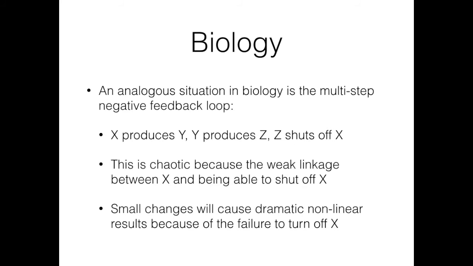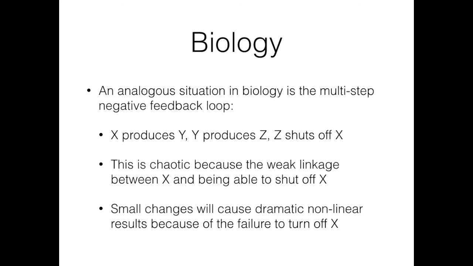If y has trouble producing z, z doesn't get made, so it can't shut off x. If z changes a little bit, it doesn't have the proper shape to turn off x. And if x changes a little bit, it changes what z needs to shut it off. Then you have something happening out of control in your cell.